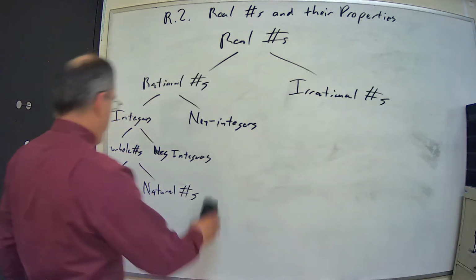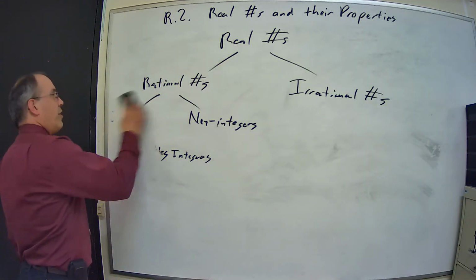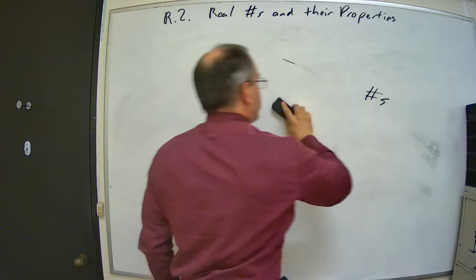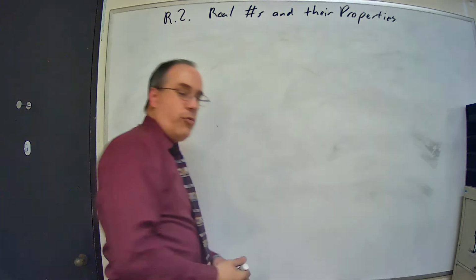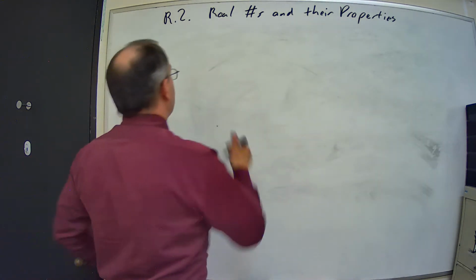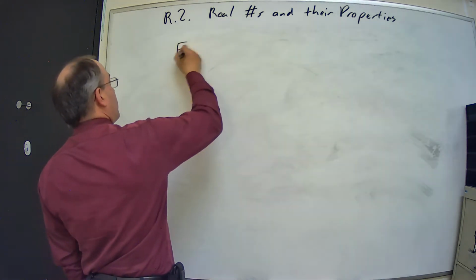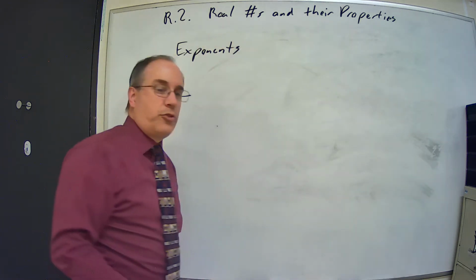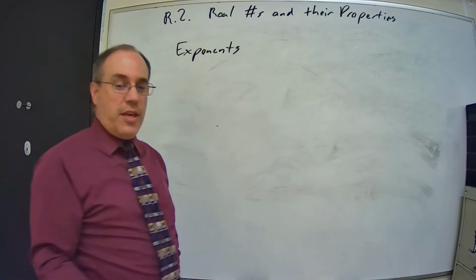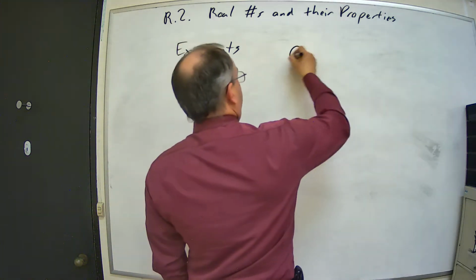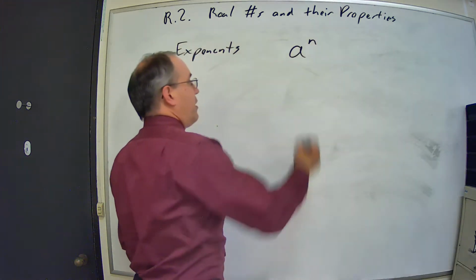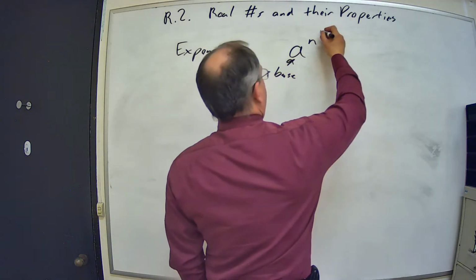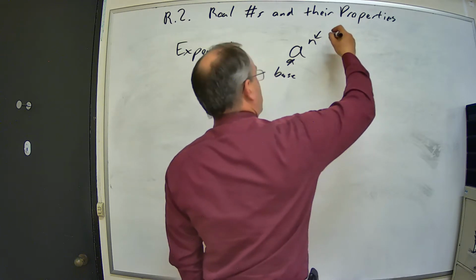Let's get into some other things about real numbers that you should be familiar with. Well, what about exponents? At this point, you should be familiar with exponents, but just to make sure, if we have a to the n, a is called the base, and n is the power or the exponent.